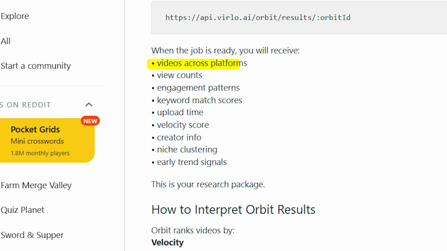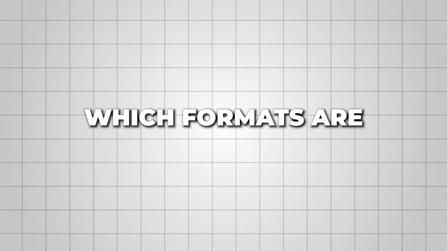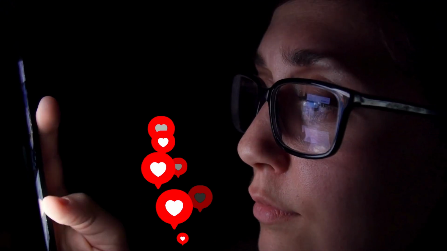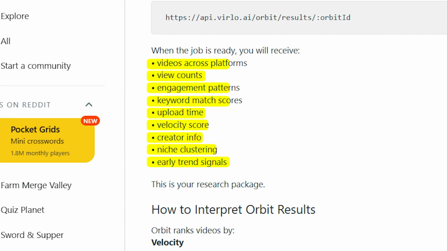Virlo then scans across platforms, collecting videos, engagement metrics, creator data, and emerging patterns. Once the results are in, you can explore the videos and use Virlo's AI insights to understand what's trending, which formats are gaining traction, and how audiences are responding. This makes it much easier to spot trends early and refine your content strategy based on real data instead of guesswork.